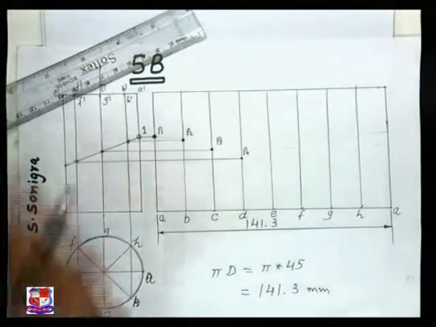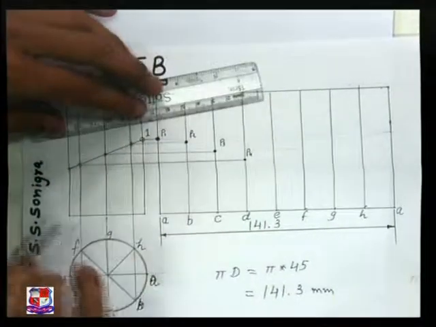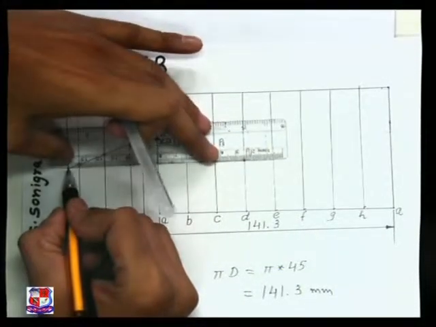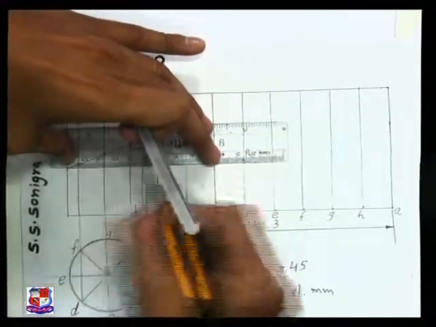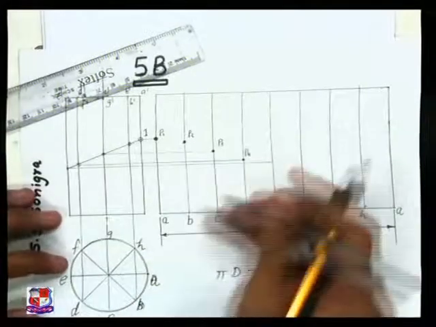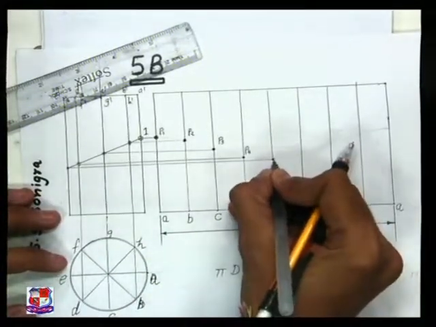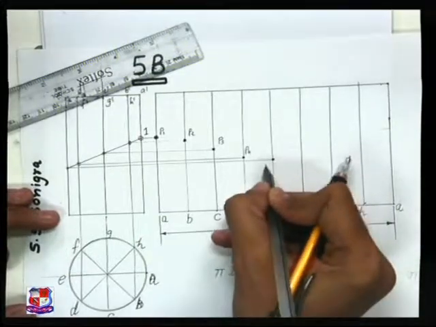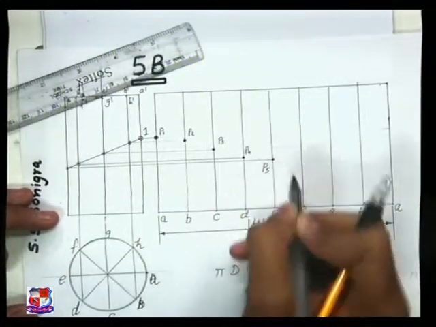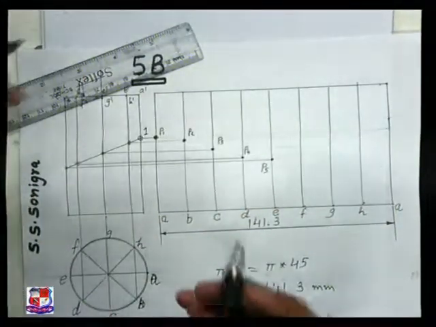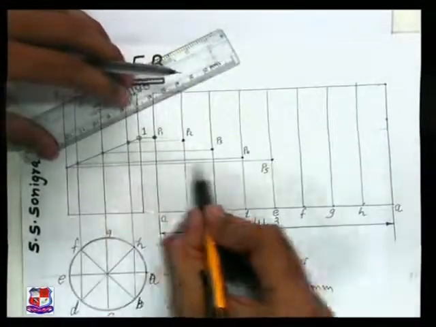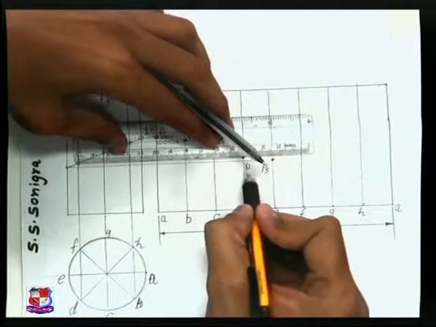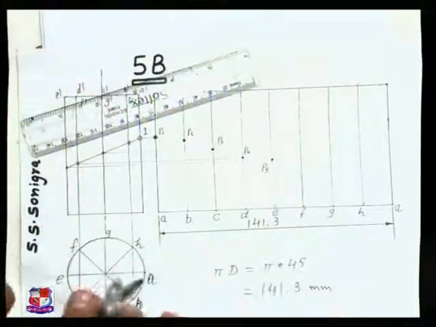Then P5 is somewhere here. From that point draw a projection line or transfer this point to E like this. That will cut the vertical line from point E at point P5. And for point P6, from here transfer the point to that, so P6 would be somewhere here like this.